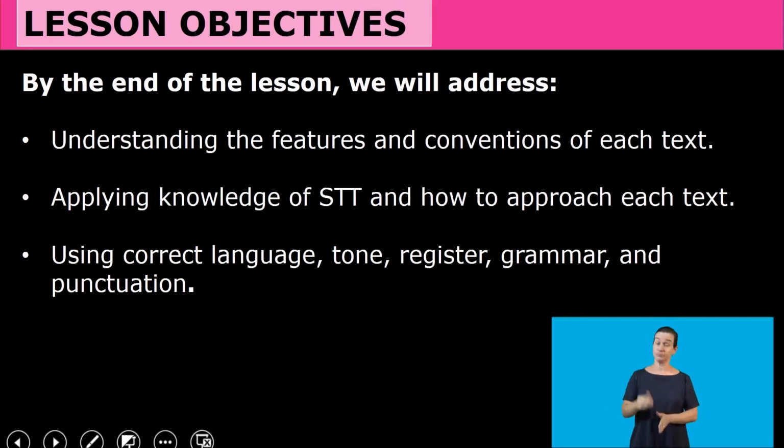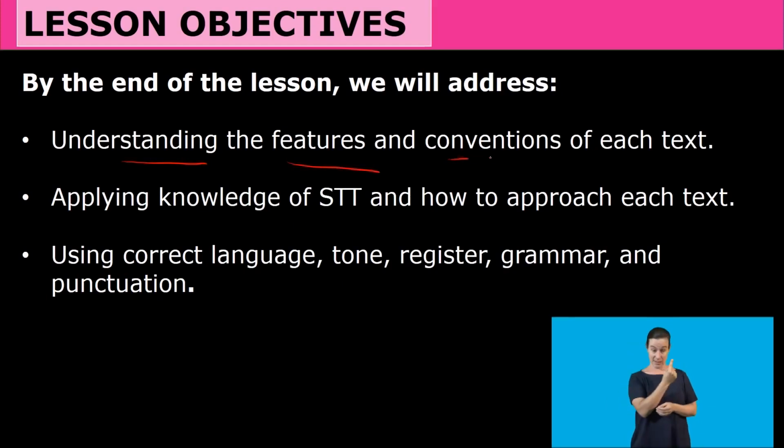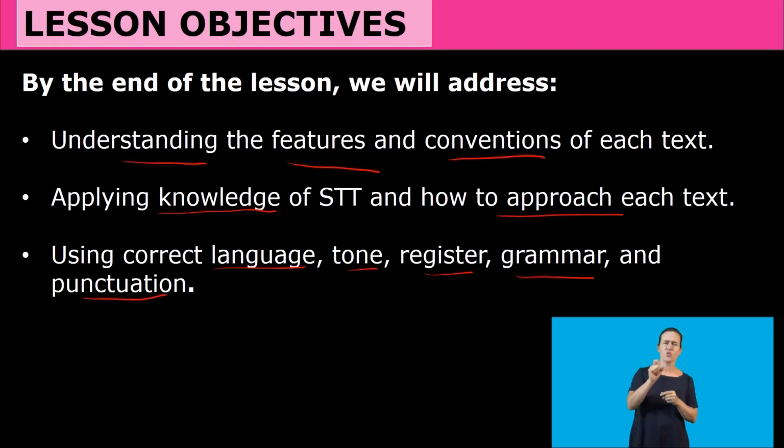By the end of the lesson, we will address understanding the features and conventions of each text, applying knowledge of how to approach each text, and using the correct language, tone, register, grammar, and of course, punctuation.